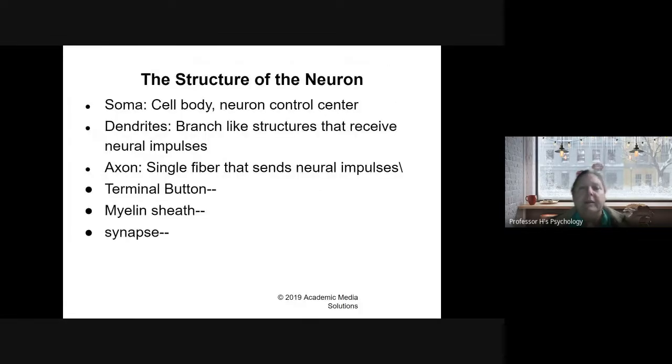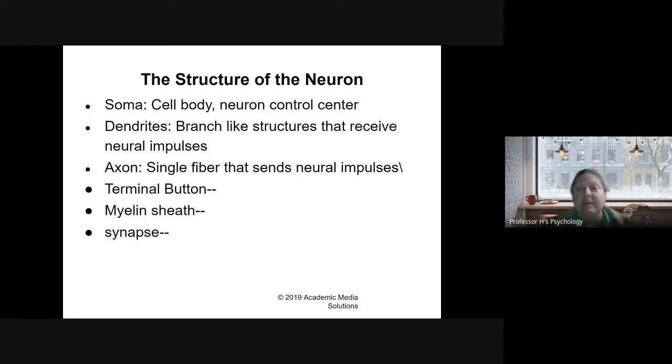All right, here's some terminology for you. The structure of the neuron: soma, cell body, neuron control center. No, the soma is the cell body, okay? The neuron control center would be the nucleus. I'm sorry about this.